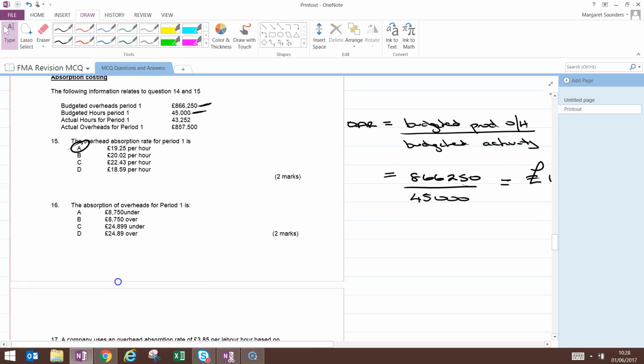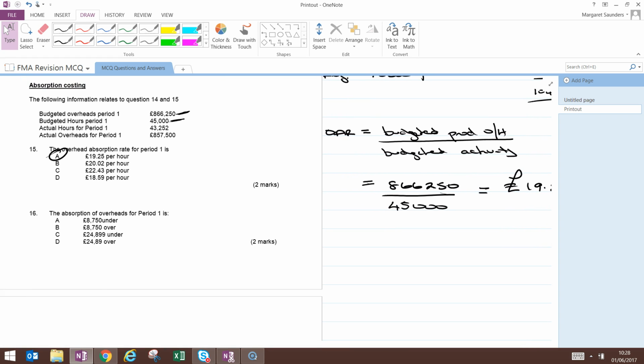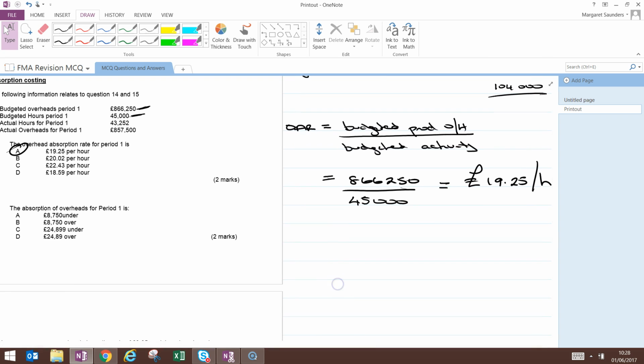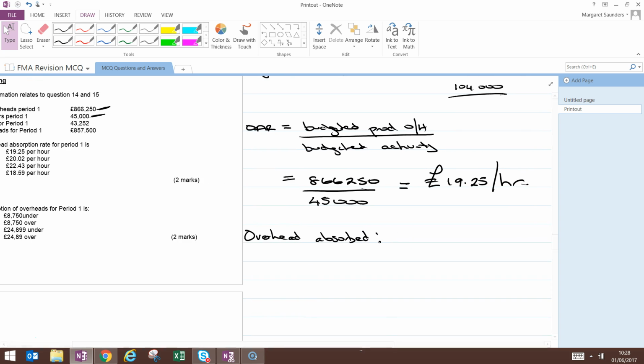Question 16 is asking us to work out the under or over absorption. So we need to firstly work out the overhead absorbed. We know our absorption rate is £19.25, that's per hour. To work out the overhead absorbed, we multiply that rate by the actual hours.